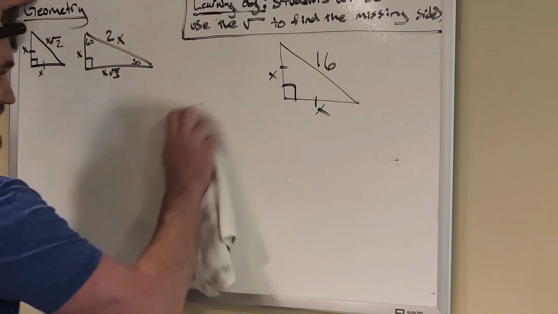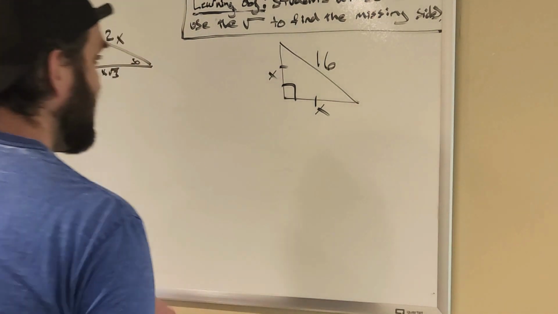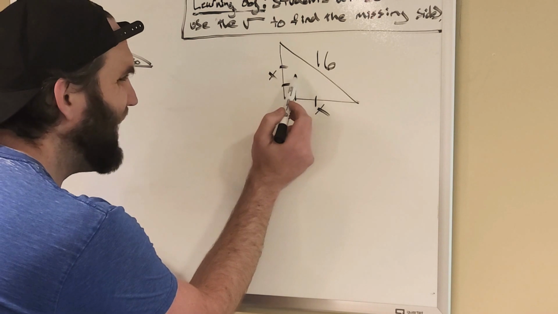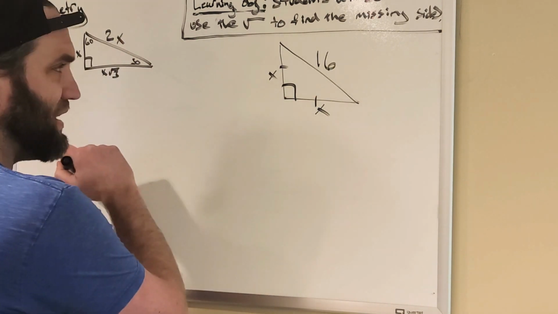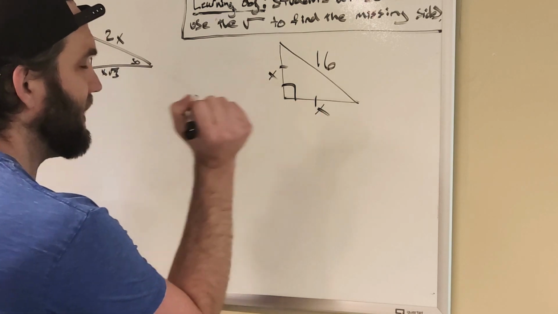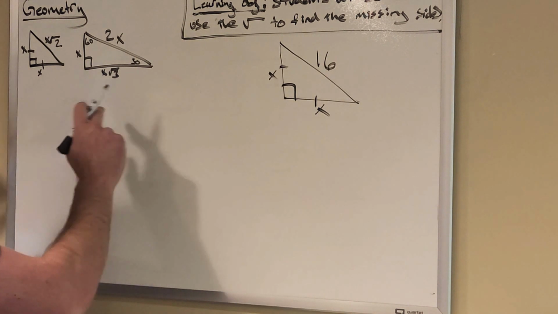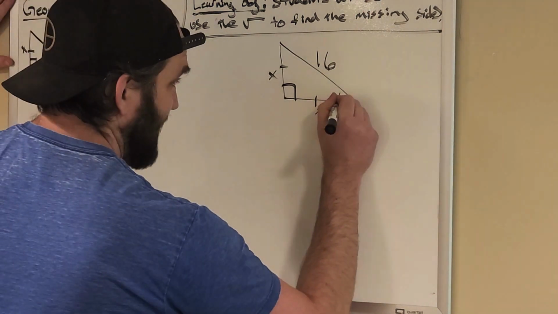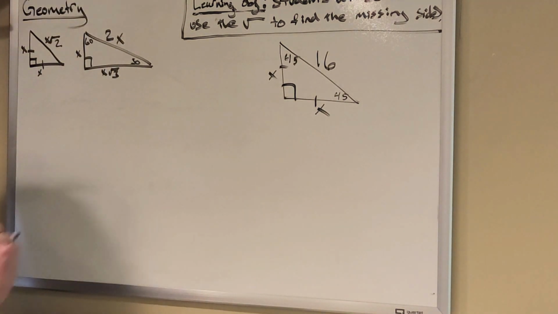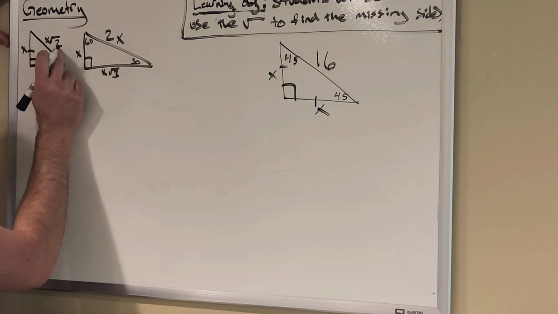Okay, so I'm going to take this triangle I drew up here a second ago, and I want to figure out how I can utilize that information to find what x is. All right. Well, I know this is a 45-45-90 triangle, so this 16 has to be equal to x square root 2.